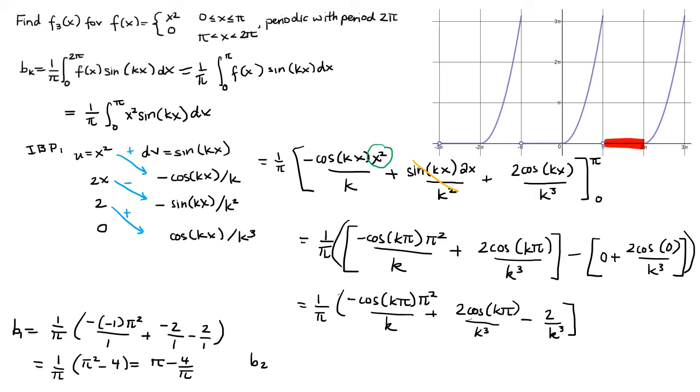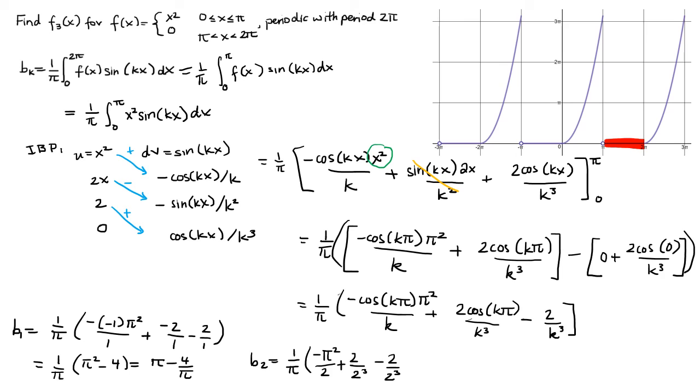b2 is equal to 1 over pi times negative 1 times pi squared, so we get negative pi squared over 2 plus, so I have 2 over 2 cubed minus 2 over 2 cubed.